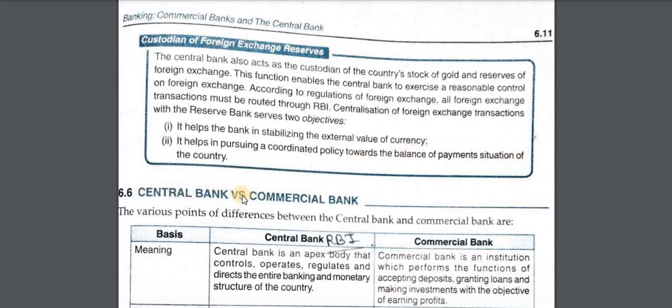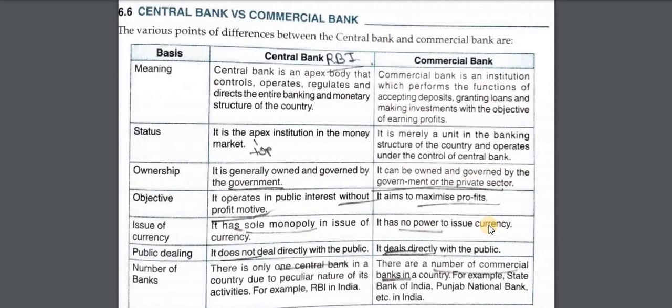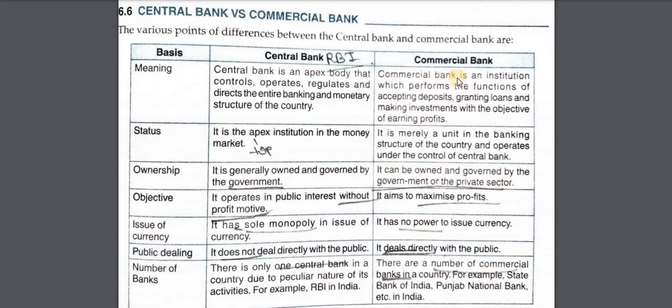6.6 Central bank versus commercial bank. The various points of difference between the central and commercial bank are: Basis: central bank, commercial bank. Meaning: central bank is an apex body that controls, operates, regulates and directs the entire banking and monetary structure of the country.